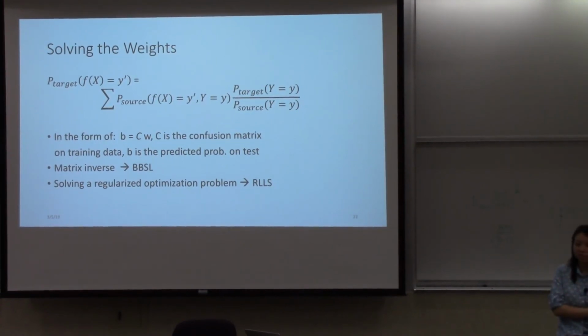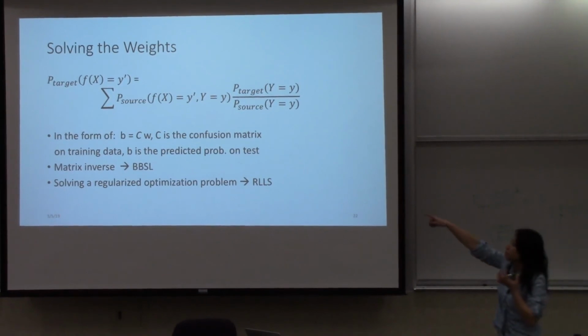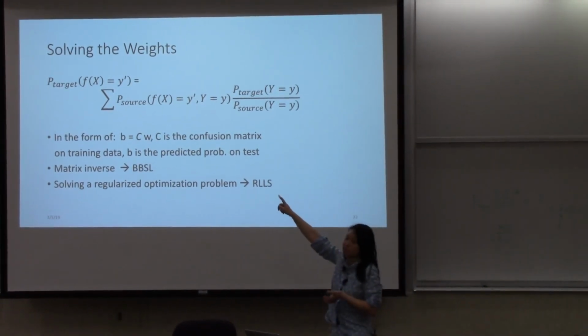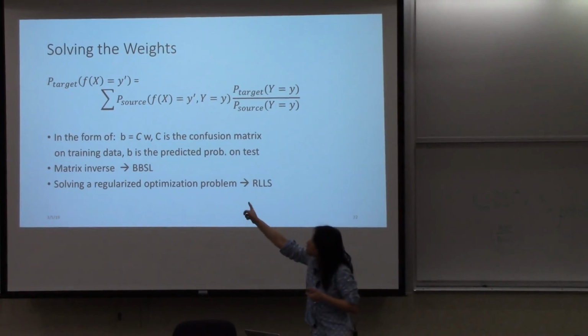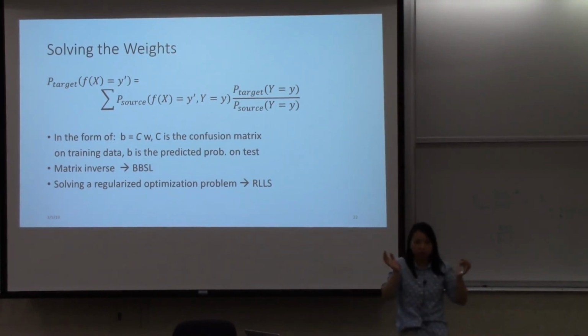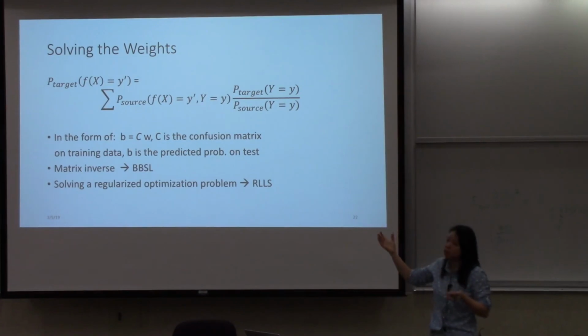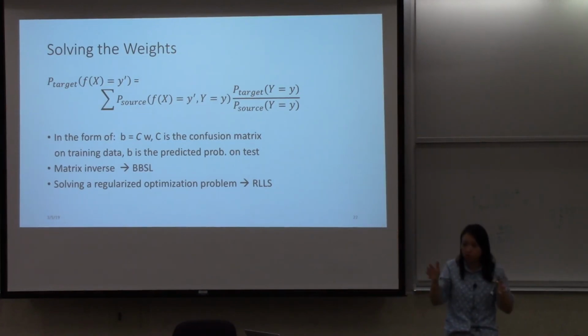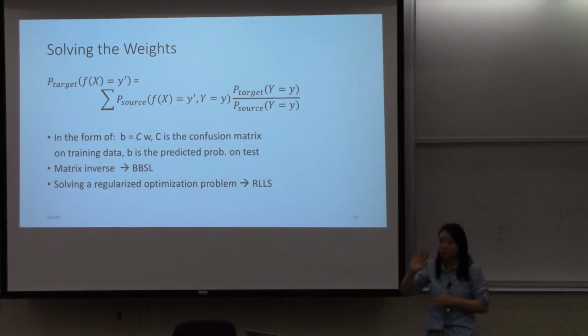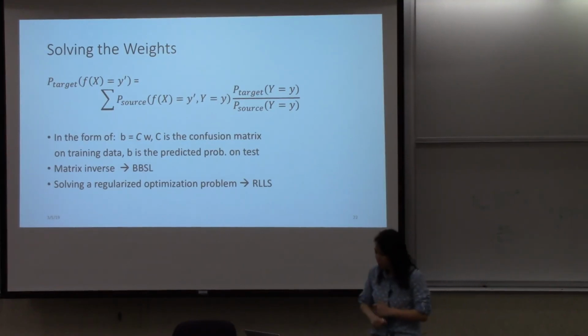For example, for classification, even with 10 classes, the confusion matrix is 10 by 10, and B is just a 10-dimensional vector. So the problem here is much smaller than when you have a high-dimensional X and want to get the ratio estimated using X. Usually the labels are finite categories, so the problem is much easier. But that's not the only reason we want to do label shift. It's just a byproduct of this.